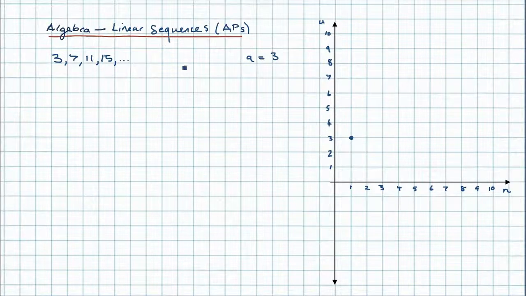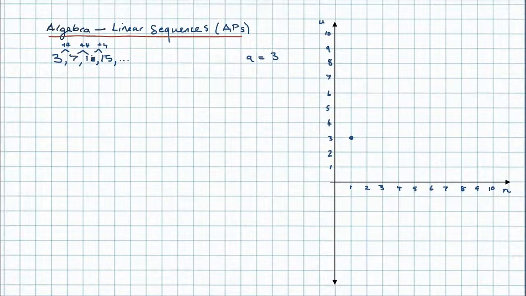Okay, the other thing we know is that we have a common difference between each of our terms, and that common difference, as you can see, is +4. So each time we jump from one term to the next, we add 4. Add 4.